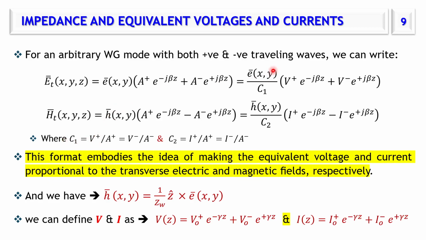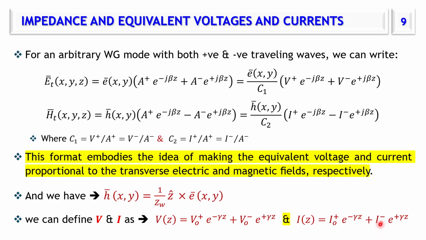They are related to the voltage and electric field in these relations here. So this format makes the equivalent voltage and current proportional to the transverse electric and magnetic fields. And if we write it in terms of V and I, we'll have this expression here.